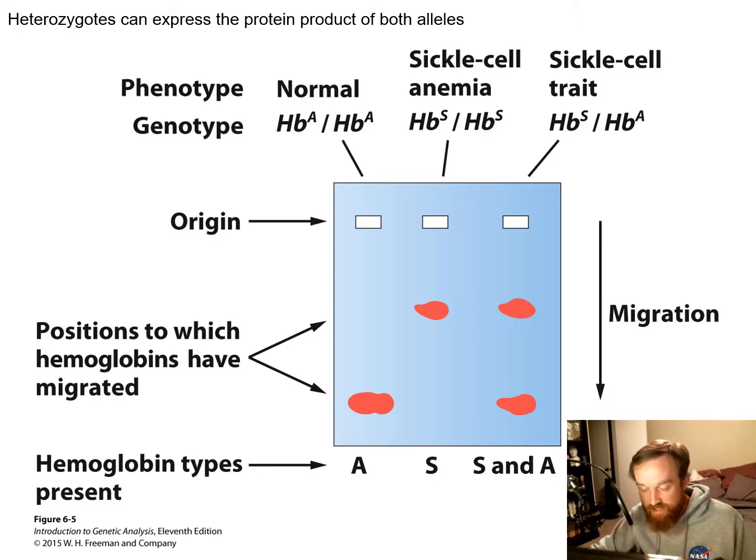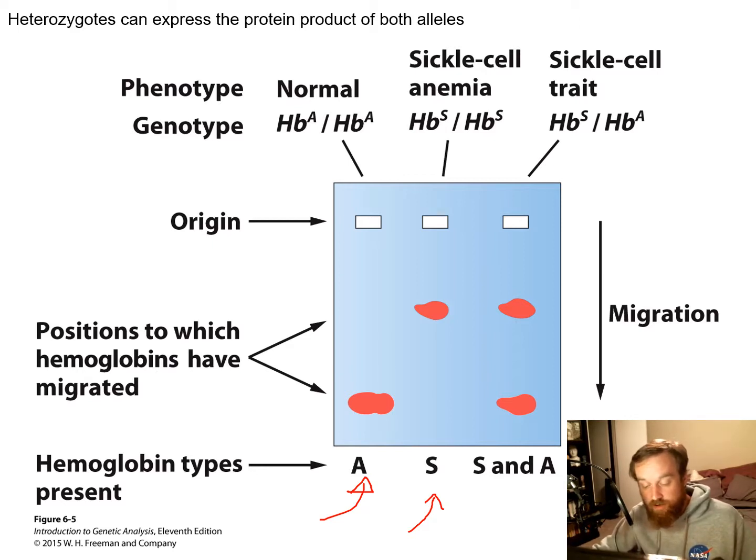And so in this gel here, in the first lane of the gel, we have somebody that has normal blood type, so just the HbA, the normal hemoglobin. And then in the second lane here, we have somebody that has 2 copies of sickle cell anemia.